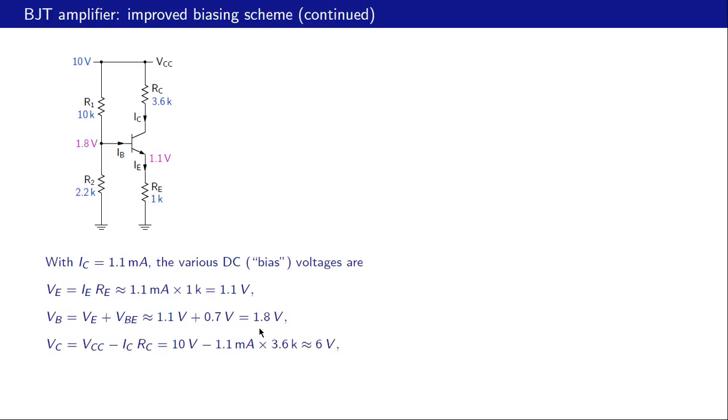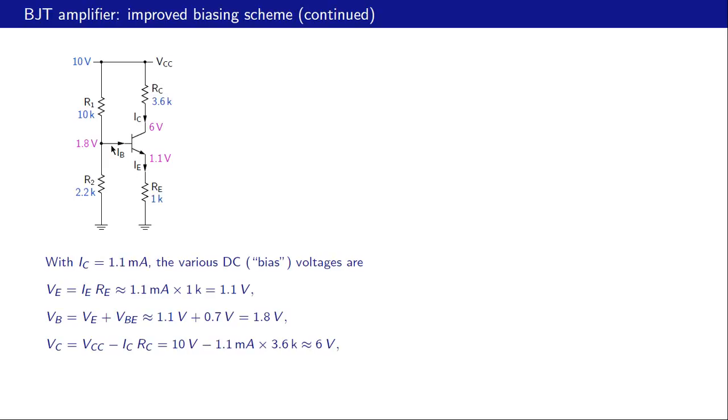What about VC? VC is VCC minus IC RC. VCC is 10, IC is 1.1 milliamp, RC is 3.6K, so that turns out to be 6 volts. And now we see immediately that the BJT is actually operating in the active mode.